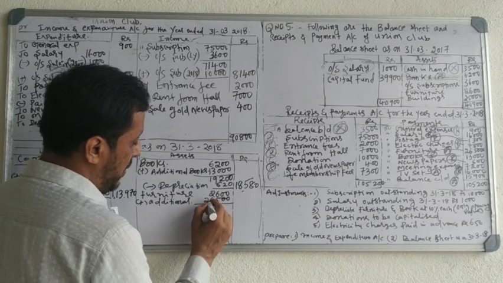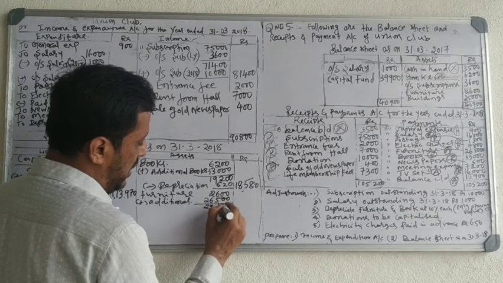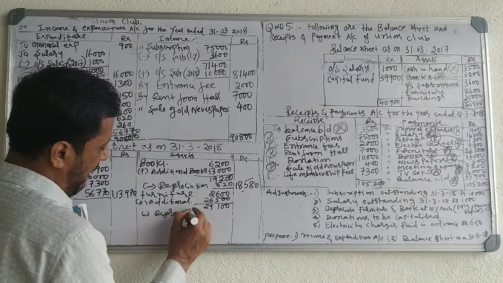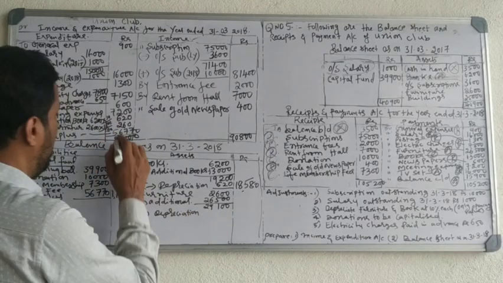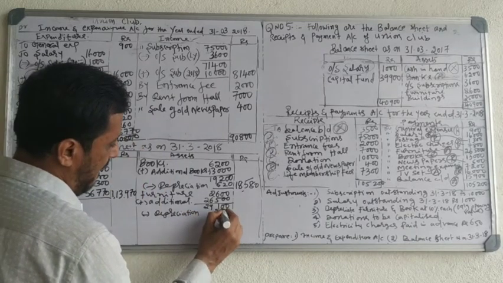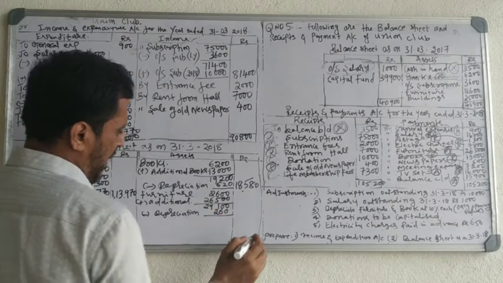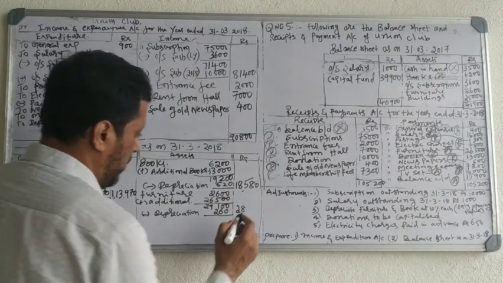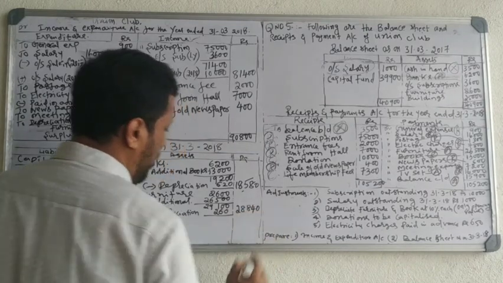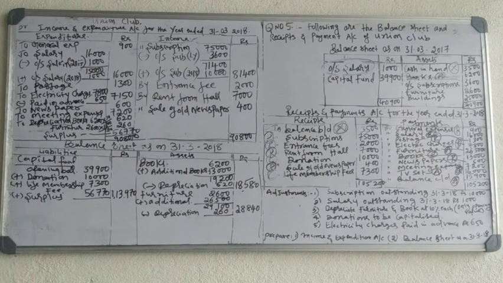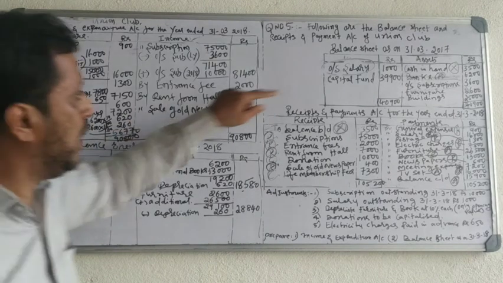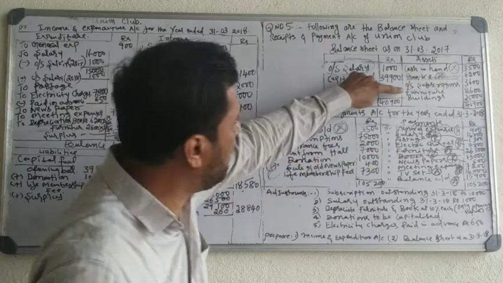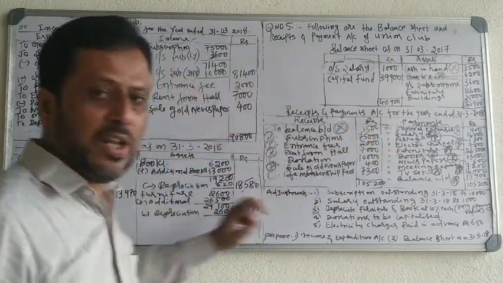Total furniture 29,100, less depreciation 260. So 28,840. So treated in the same way as you treated books. Books opening value, add additional value of books less depreciation. Furniture opening value, add additional furniture less depreciation.